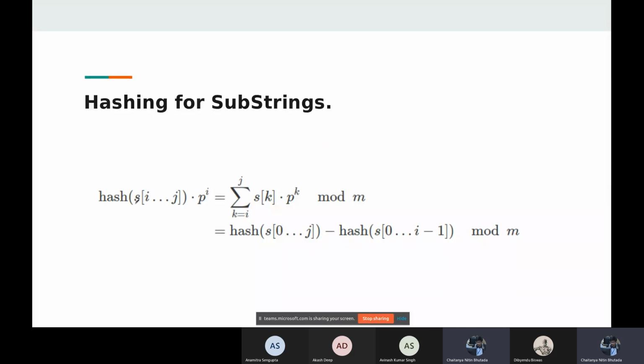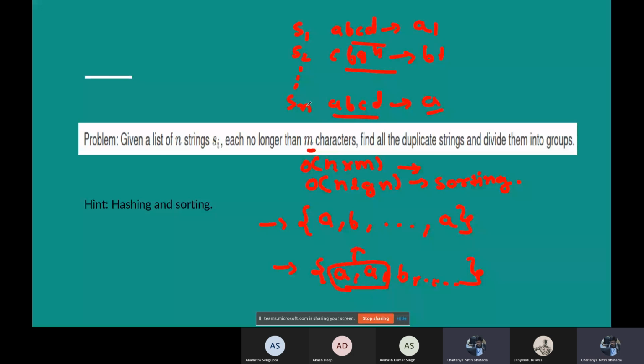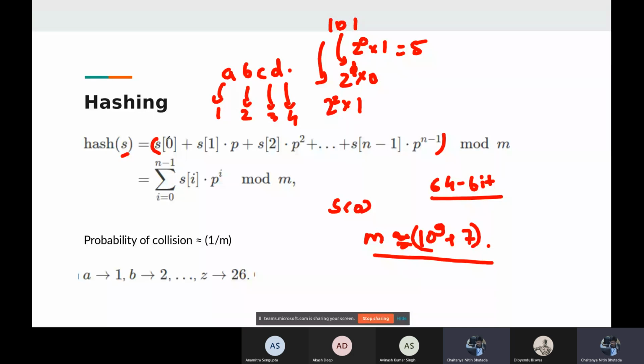Hash of s of i to j. Okay, I will go here and explain. The hash of s is s0 plus s1 times p plus s2 times p square, and so on.